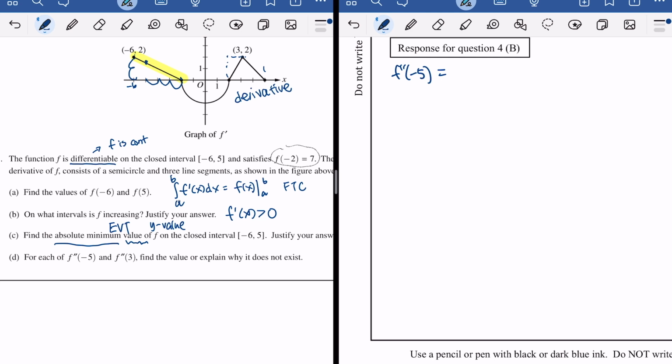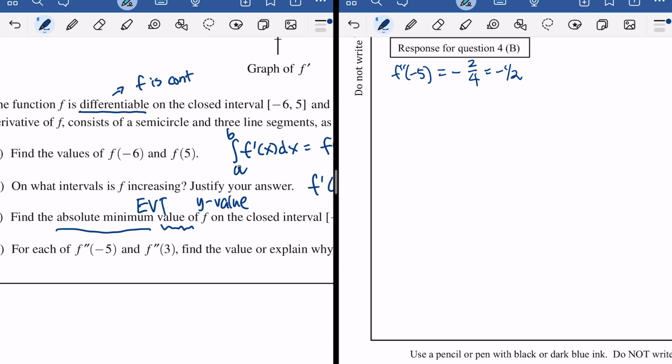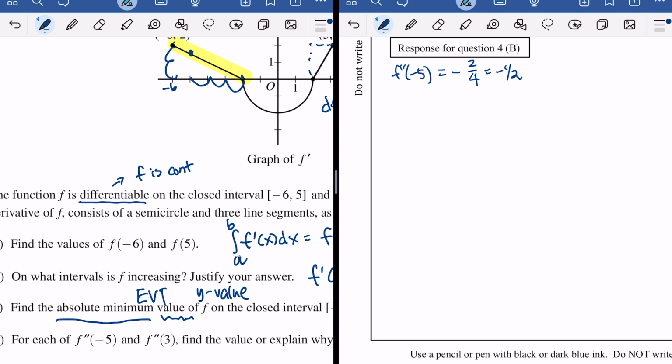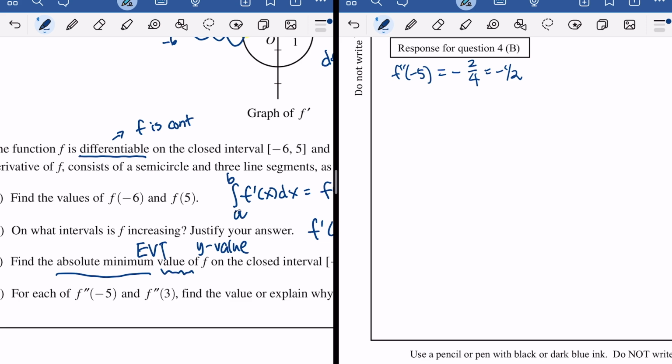So then you can just use our slope formula, down 2 to the right 4, which is negative 2 over 4, or negative 1/2 if you reduce. If the question says show calculation, then you can use your slope formula, f of b minus f of a over b minus a. But in this case, your f will be your f prime of b minus f prime of a over b minus a to get the f double prime.